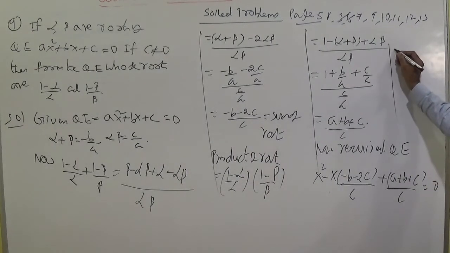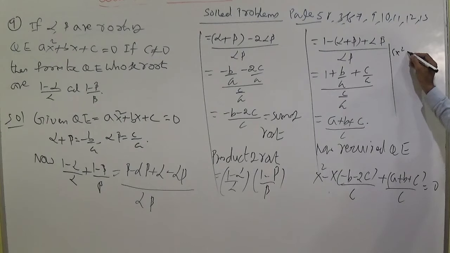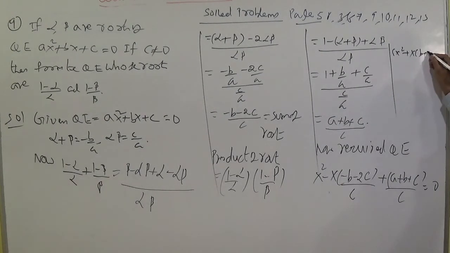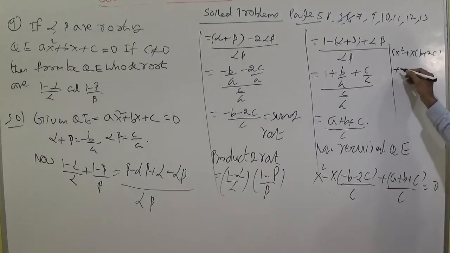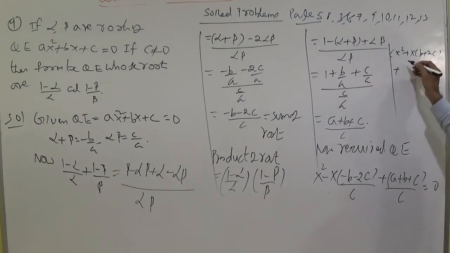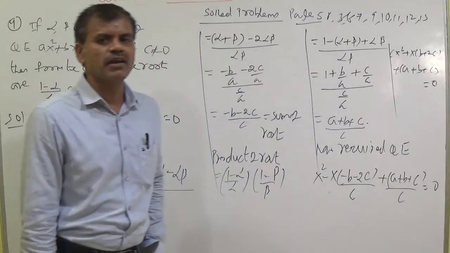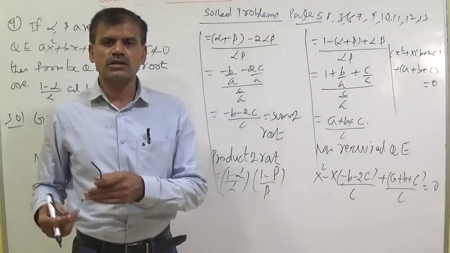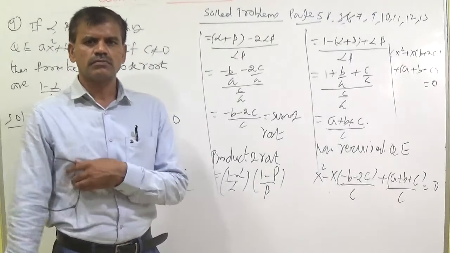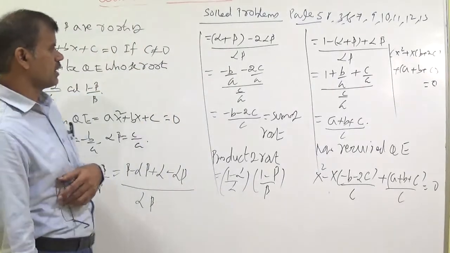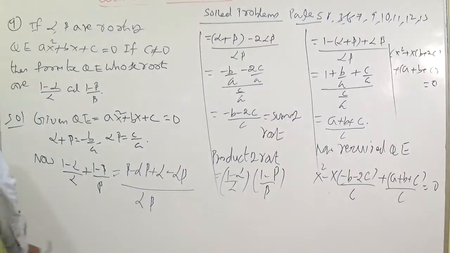By taking LCM, you can write cx square plus x into (b plus 2c) plus (a plus b plus c) equal to 0. If the same question is asked as an objective question, you can use the shortcut of putting alpha equal to 1, beta equal to 2, or alpha equal to 0, beta equal to 1, like that. That is why you should proceed in this manner only.